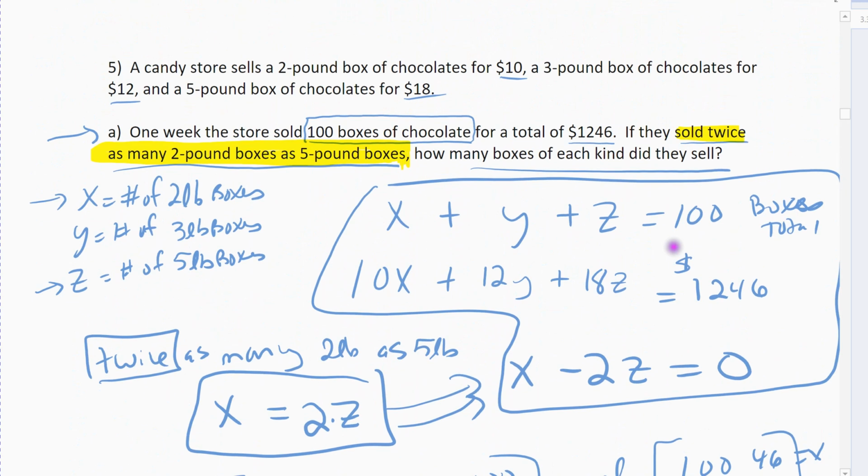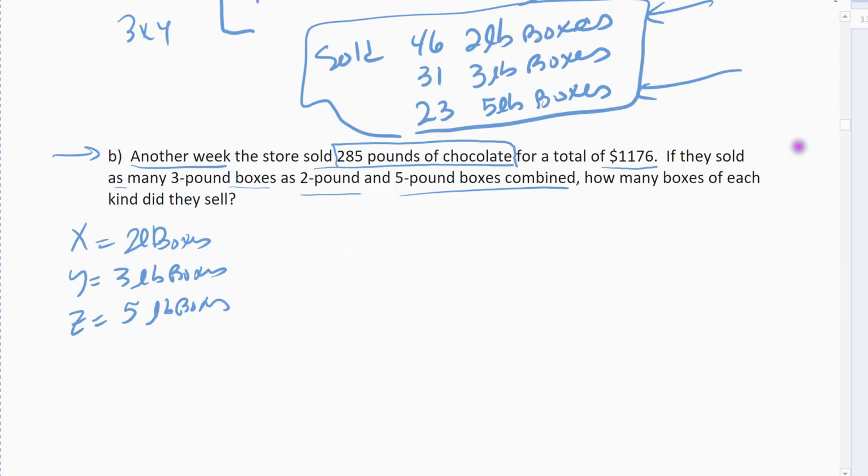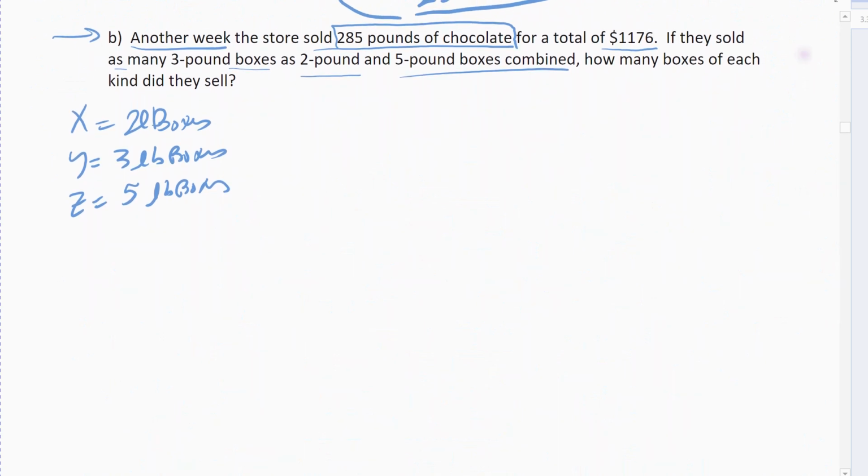In the previous question, they sold 100 boxes. In this part of the question, they told me how much chocolate was sold. And each box has a different amount of chocolate. They sold a total of 285 pounds of chocolate. Every X box has 2 pounds, every Y box has 3 pounds, and every Z box has 5 pounds.